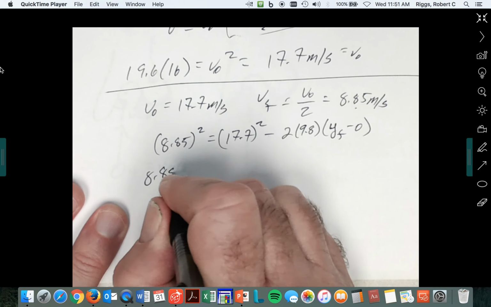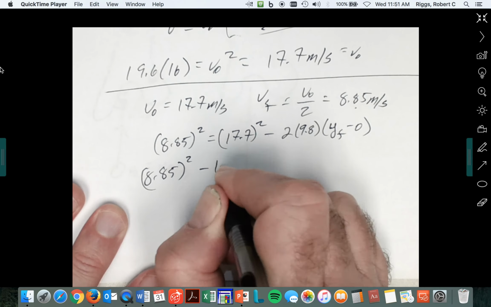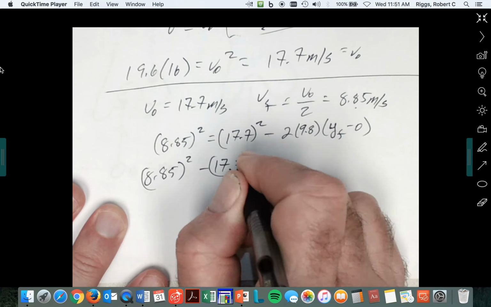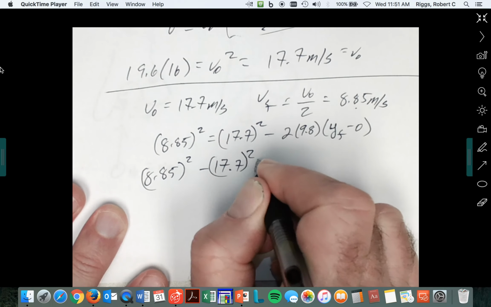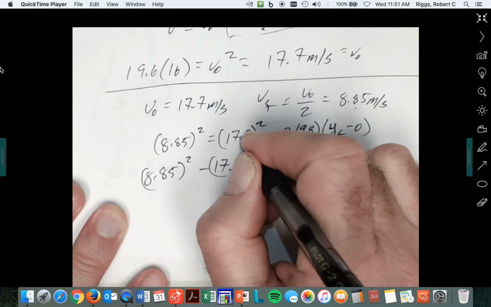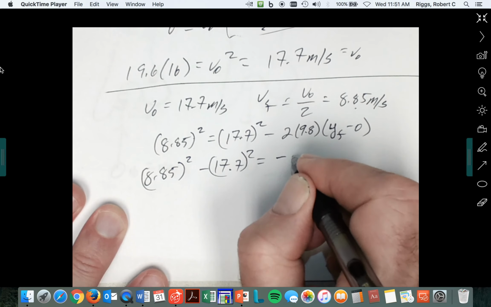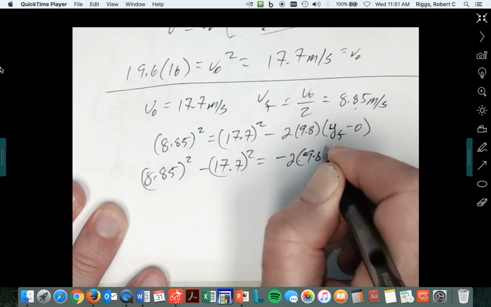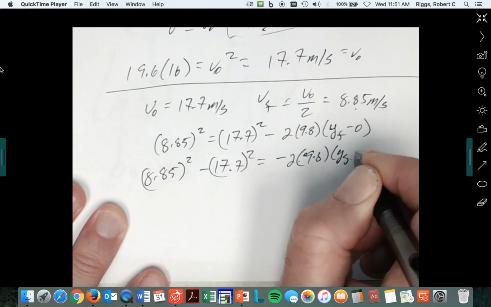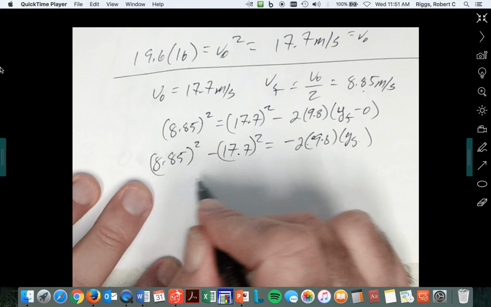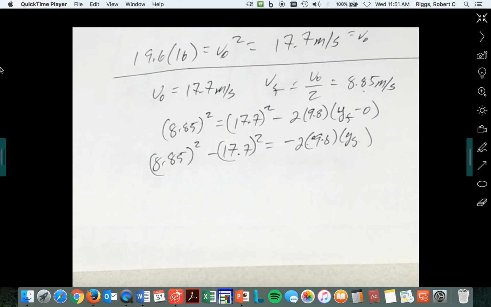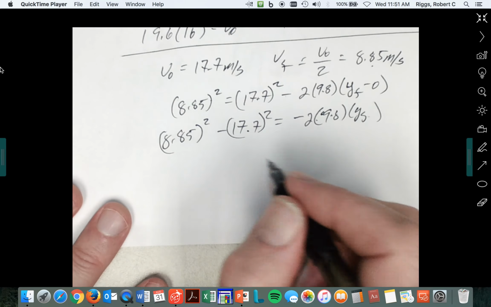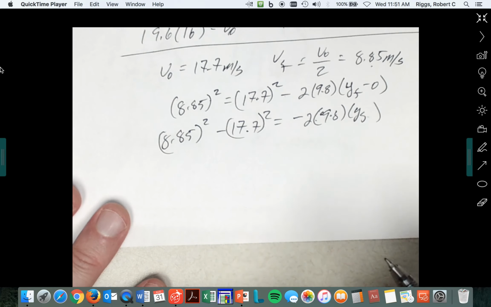And I'm not afraid of it, because even though this is going to be a negative number, it is equal to minus 2 times 9.8 times y final, since I subtracted this from both sides. This isn't any big deal, because this is going to be negative, so I'll just figure out what that is. I divide by negative 19.6.